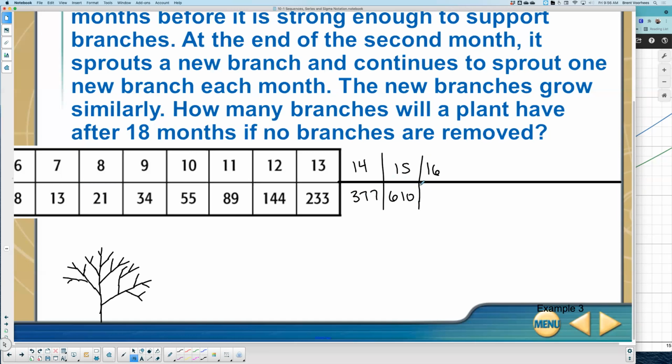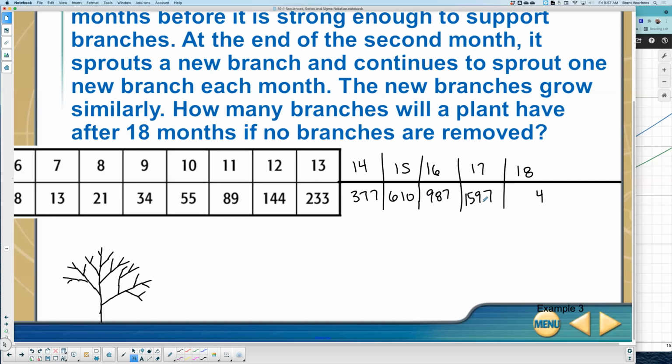All right, month 16. We add those together. 987, great. Month 17. Add these together. I know we'll have a 7, 9, and 15. 1597. And finally, we got to month 18. Add these together.